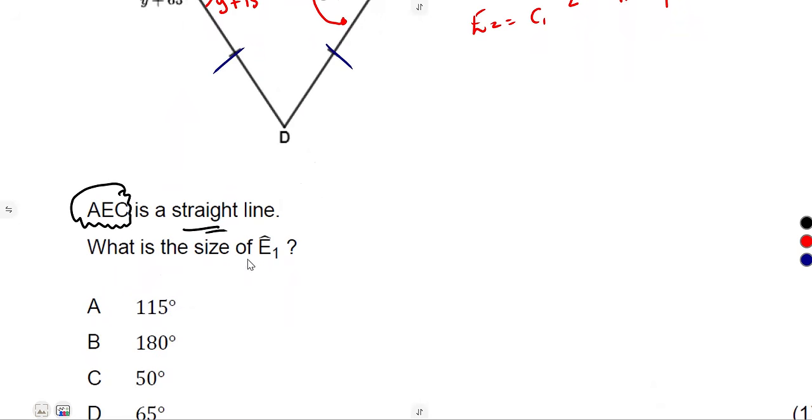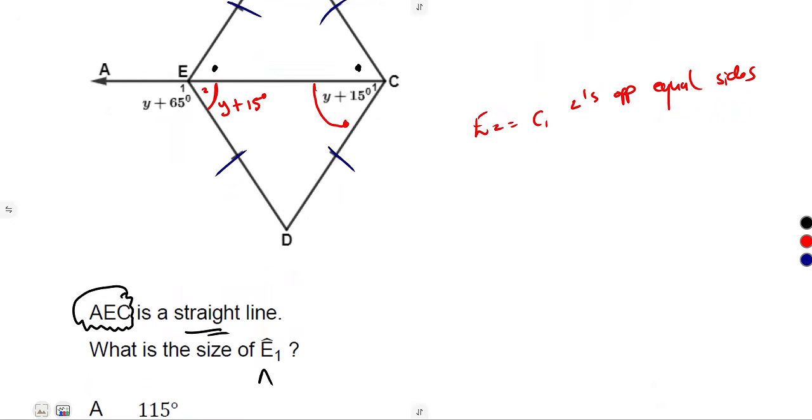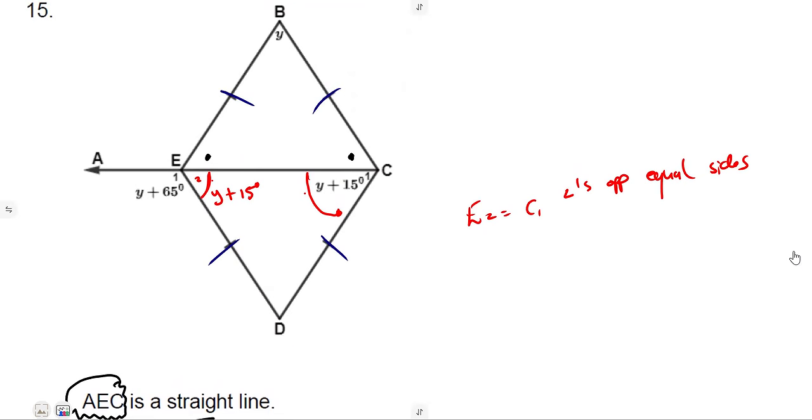What is the size of angle E1 if AEC is a straight line? Guys, it's already answered because remember I said these two angles are equal from angles opposite equal sides. So there is no need for us to even focus on this triangle above because there we are forming a straight line.